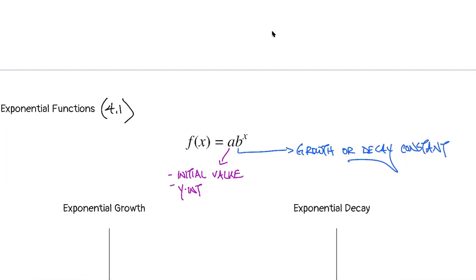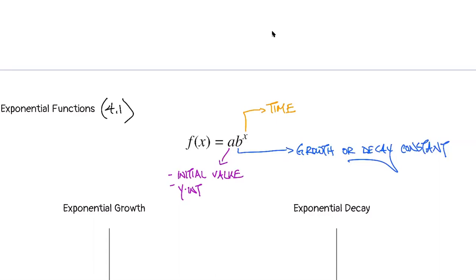So b stands for the growth or decay constant. The x up in the exponent stands for time. A lot of our things are going to be growing over time or shrinking over time, and so the time is what the x represents.